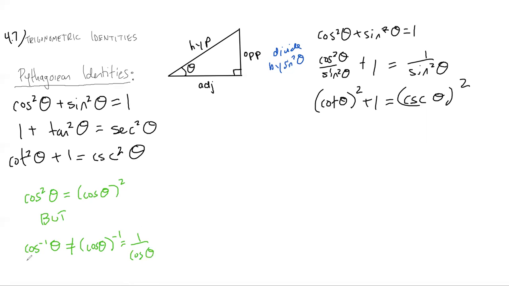So remember, this is in fact the inverse function, which is not the same thing as a reciprocal function. So just be mindful of that. Sometimes you just have to be very attentive to the different notations that are used.